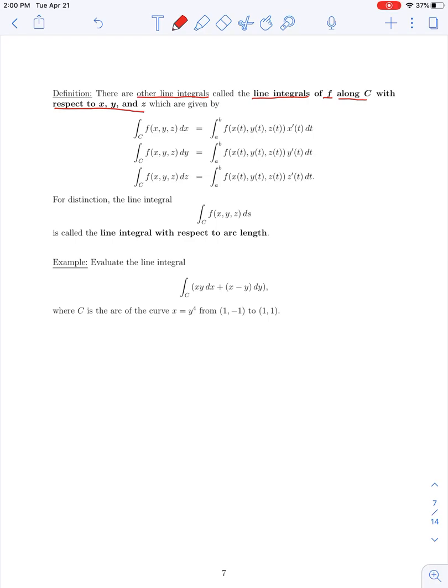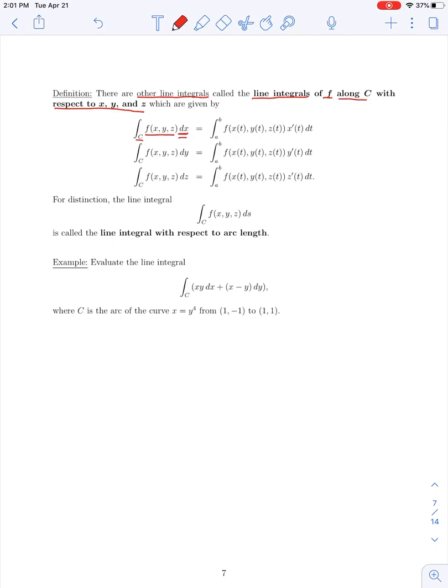The line integral that we were working with before would be like the integral over some curve C of the function f of x, y, and z, and then we were using ds, the differential of arc length, on the end. Here, we could use the differential dx. We would call this the line integral of f over the curve C with respect to x.